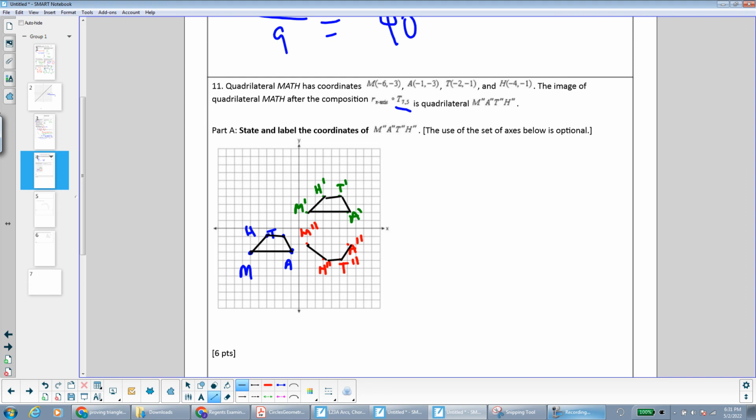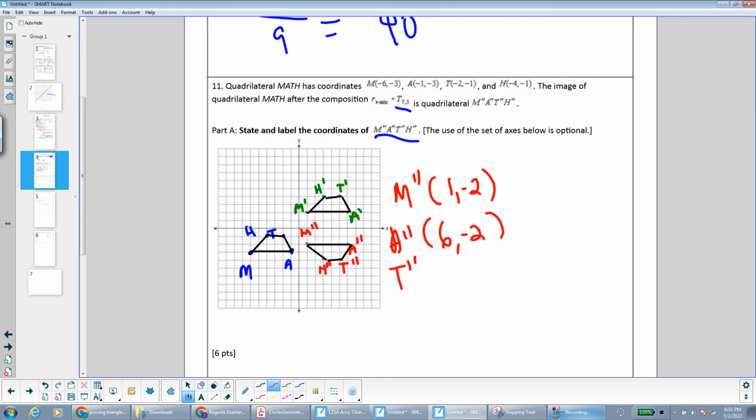A lot of people lost points because the question does say to state and label the coordinates of quadrilateral math double prime. So if you didn't state and label like I'm about to do, you did receive points off. So M double prime is (1, -2). A double prime is (6, -2).